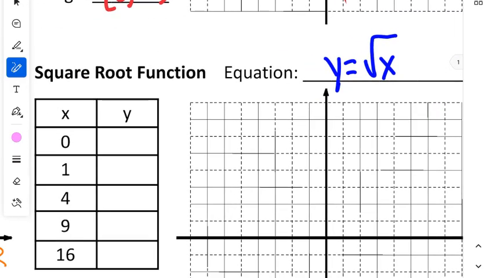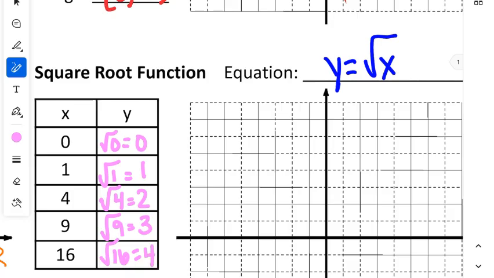Okay, let's go to the next one. We have square root function. So the square root of x. Square root of 0. 0. Square root of 1. Square root of 4. Square root of 9.